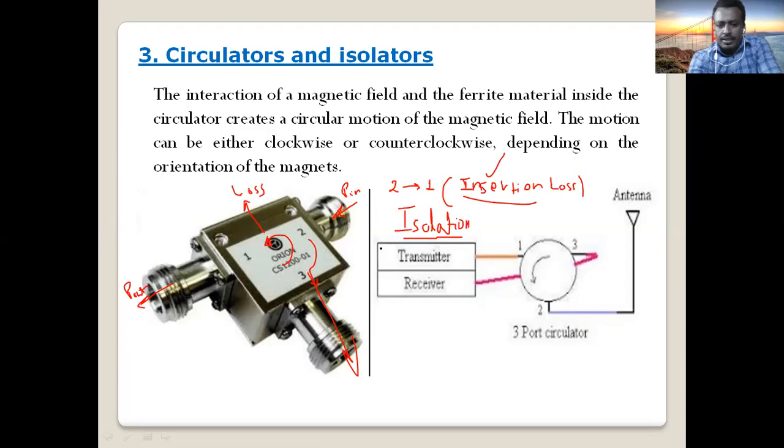If it is good quality, only a very minute amount of power goes in the wrong direction. All the signal must be guided in the correct direction. That's what we need from a circulator. But as I said, there is always some design imperfection which causes some problems. So what does this leakage mean? Now look here.